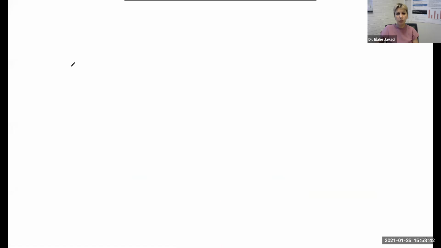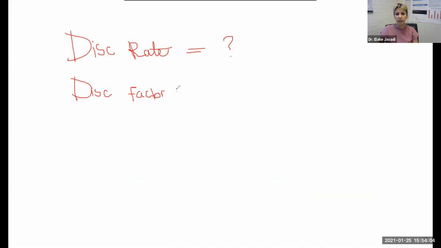So let's see, in your worksheet, there is discount rate. There is a value for it. Then the first thing we're going to do, calculate discount factor. Discount factor is the one that shows the compounding nature of the discount. It is 1 over 1 plus your discount rate raised to the number of the years.